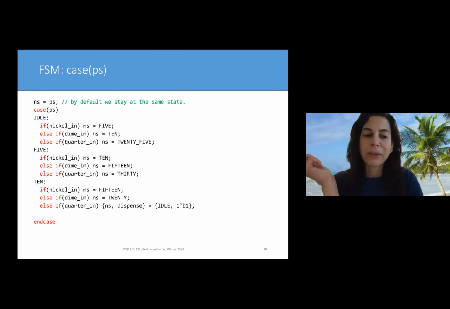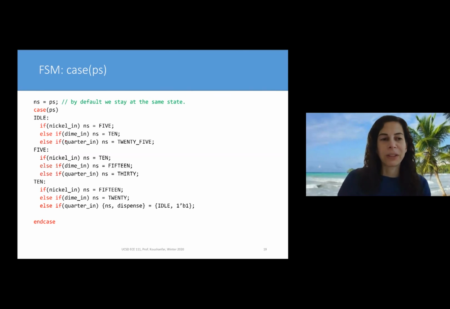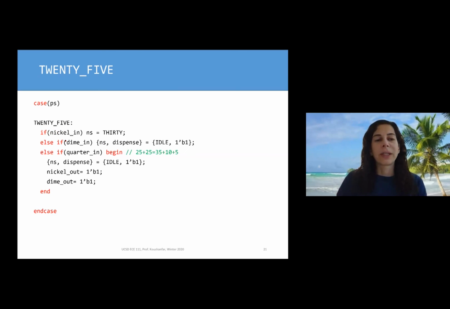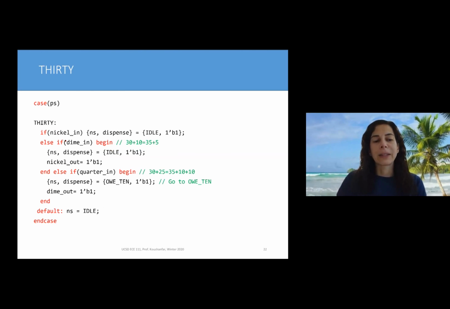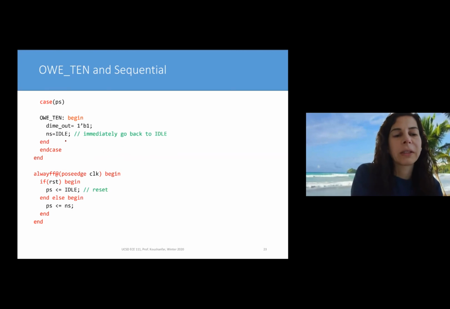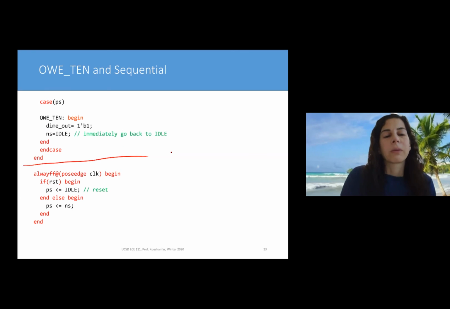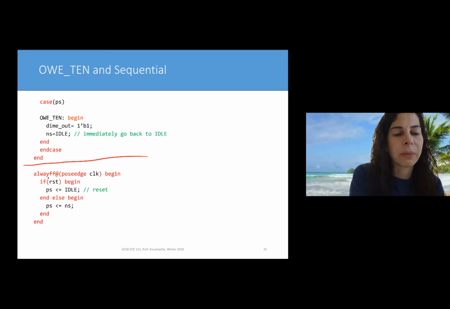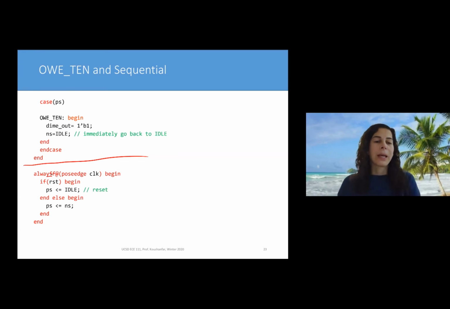This translates the state transition diagram into text, as we see here. We continue until we define all the states in that graph. Last but not least, once we are done with all the cases, we have this always flip-flop block at the positive edge of the clock; I guess there's a typo here with the underscore.